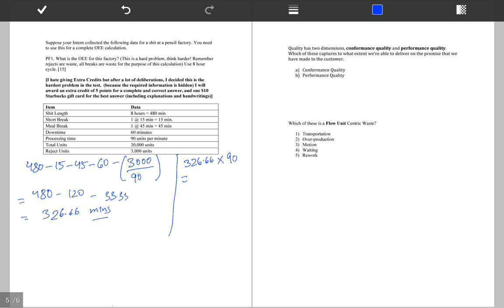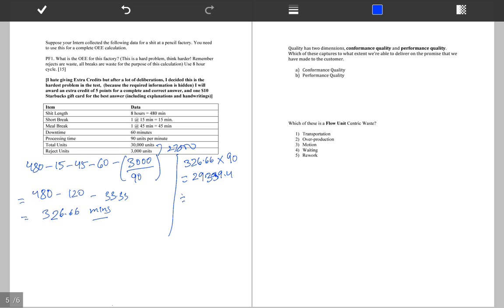You should have been able to produce 29,399.4 good parts. But that's not what really happened. We produced only 27,000 good parts. That means they were slacking at some point.